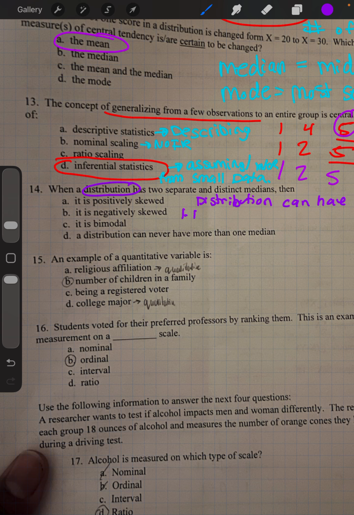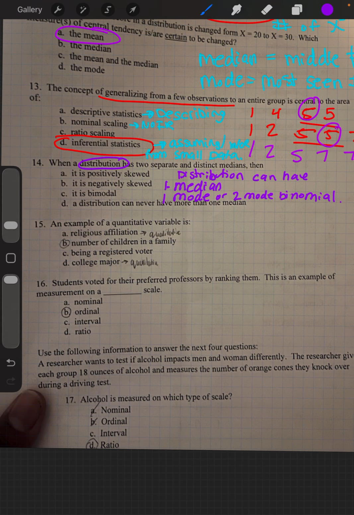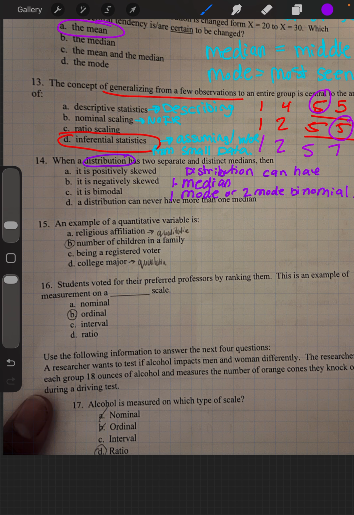They can have one median. They can have one mode or two modes, being bimodal. Okay, so you can't have more than one median, because the median just means the middle. You can't have two middles.